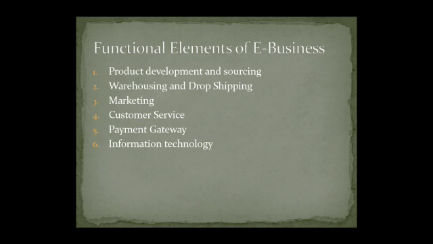If you plan to use an online store to sell products made by other companies, you must get in touch with manufacturers and sign purchasing deals with them. Okay, these are the product development and sourcing functional elements of an e-business.